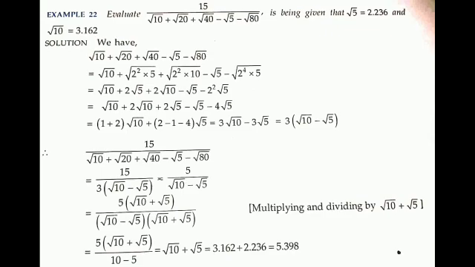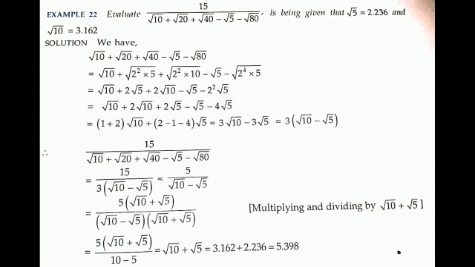After rationalizing the denominator, what do we have? In the numerator it is 5 into root 10 plus root 5. But in the denominator we have root 10 whole square minus root 5 whole square, which gives us 5. So 5 by 5 into root 10 plus root 5, which finally gives root 10 plus root 5.